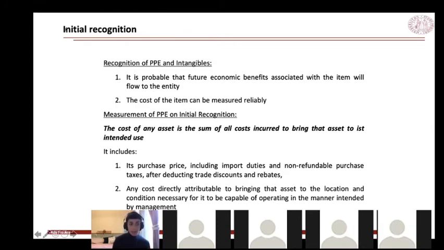But why is it so important to be able to initially recognize an asset? What happens with the cost of the asset if it cannot be recognized? This is a question to you. So, anybody? What happens when we can recognize an asset? Where does the asset go?